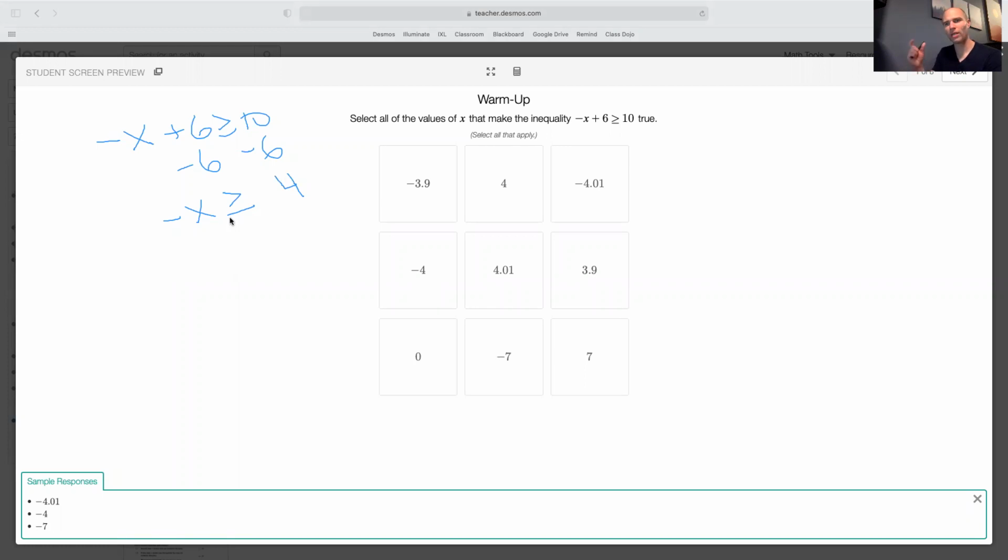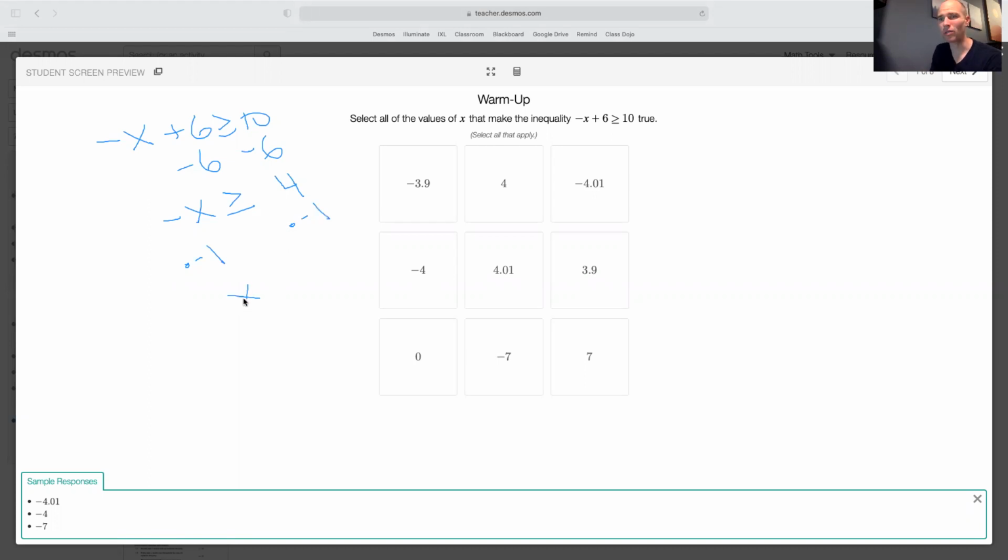Well, we can get that x to be its positive version, which doesn't necessarily represent a positive number. It's just positive x. It's kind of weird to think of it that way. We do that by multiplying it by negative 1. But that means I have to multiply over here by negative 1.